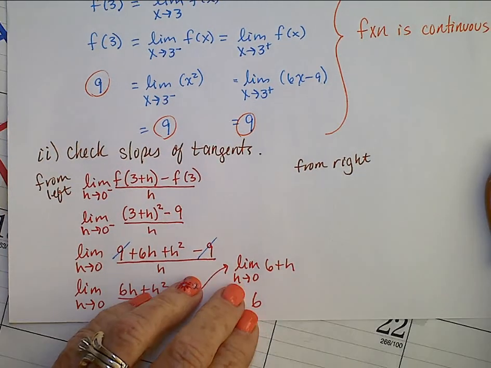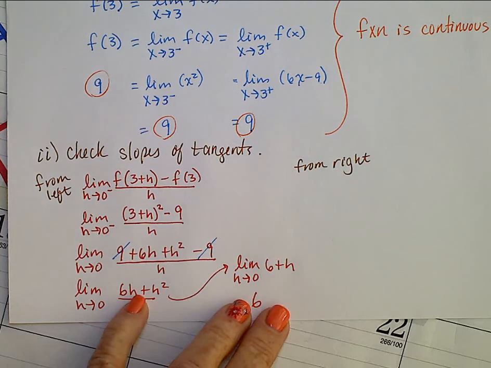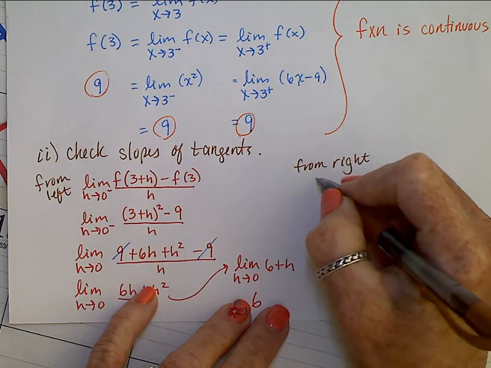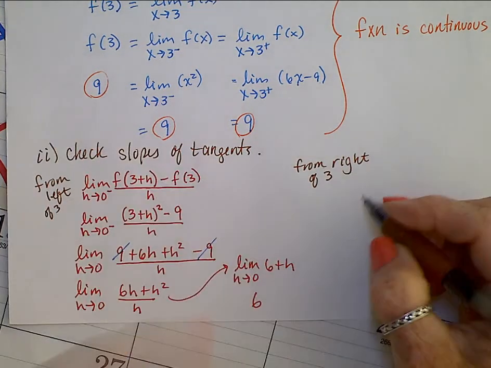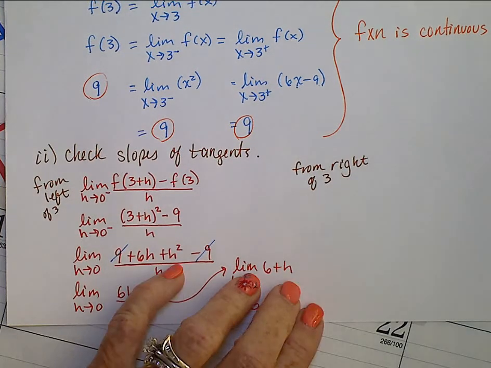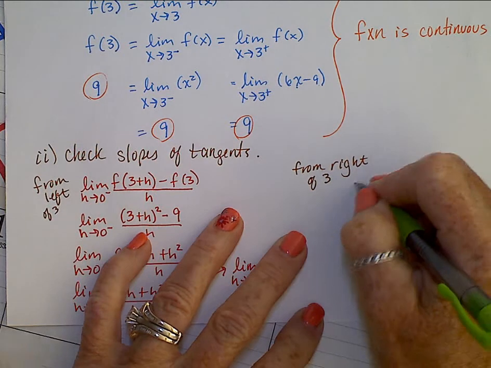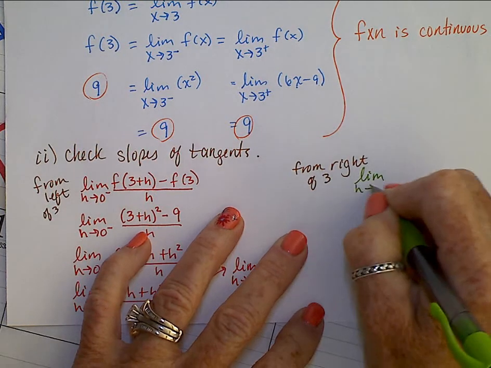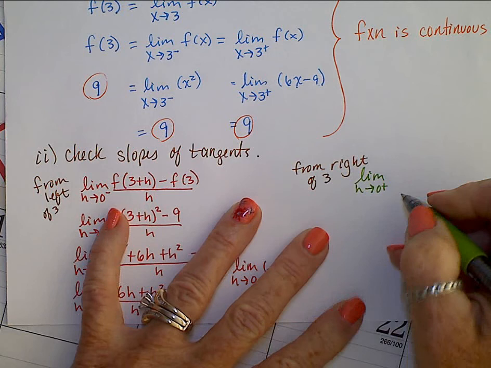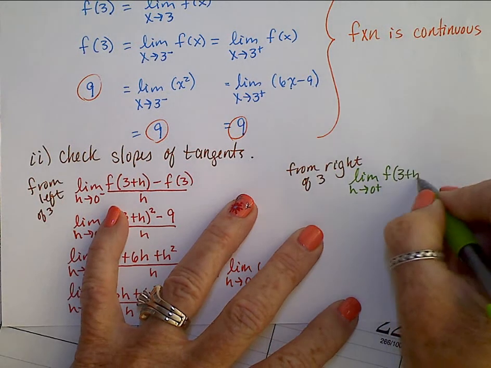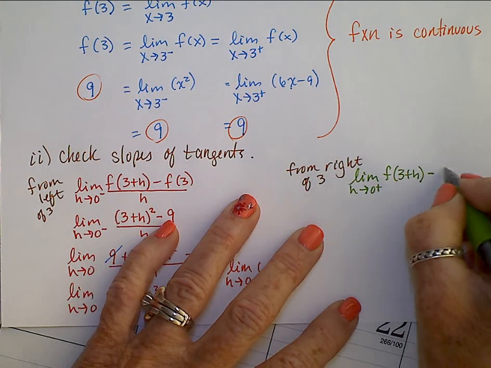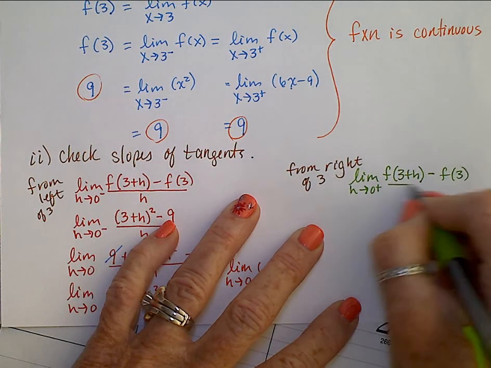Let's look at slopes of the tangent line from the right side of 3. This is the limit as h approaches 0 from the right of the same f of 3 plus h minus f of 3 all over h.